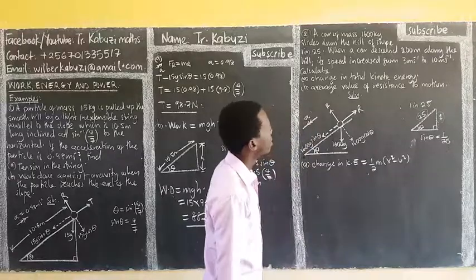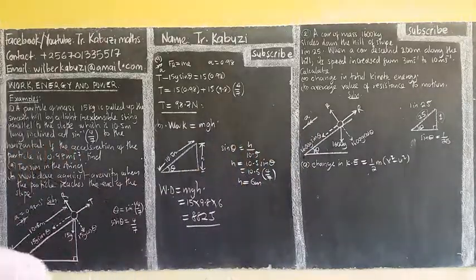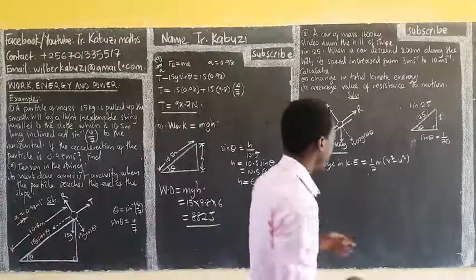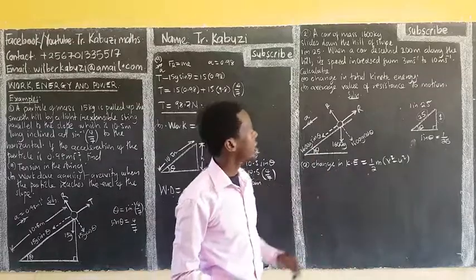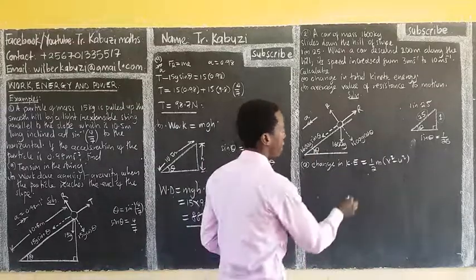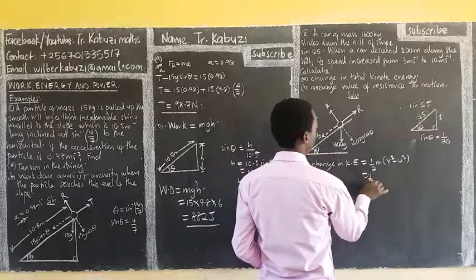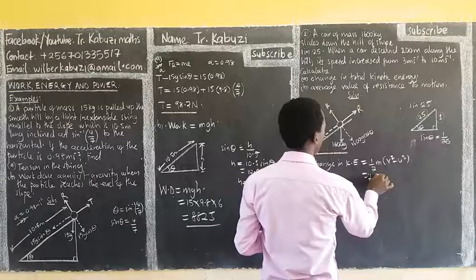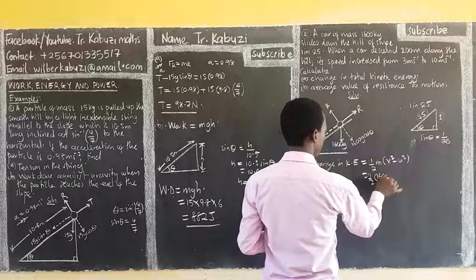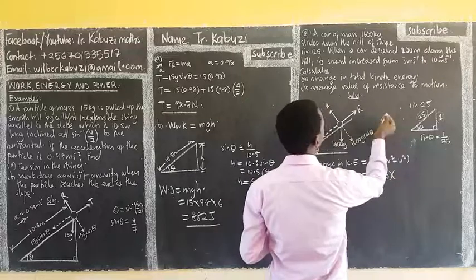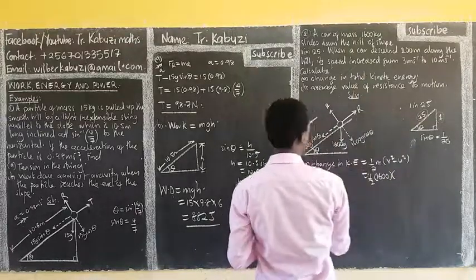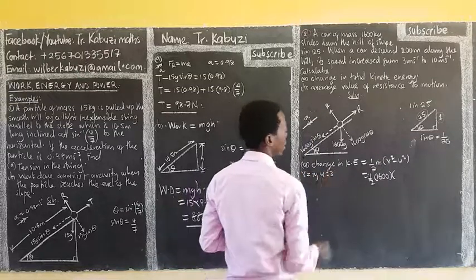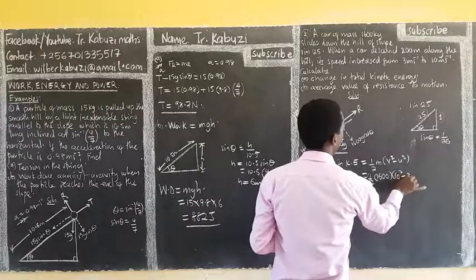So we have a half times the mass, 1600, times 10 squared minus 3 squared.